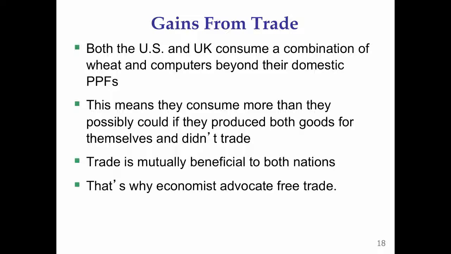So this is why economists will advocate the idea of free trade. Trade makes nations better off. And so if you think about real world situations, we see the French, for example, produce a lot of wine.